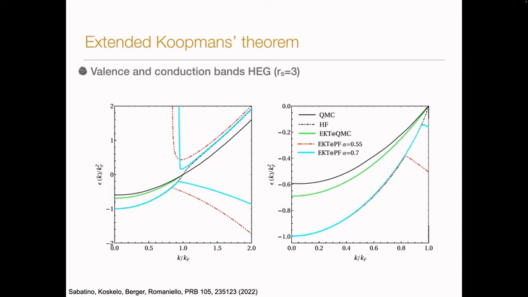And then when we use approximations like the power function, this bandwidth is a bit larger. And in particular, you see the opening of an artificial band gap in the EKT, okay, which should not be there. So it tells you that if you use it in metals, also there you have a band gap.